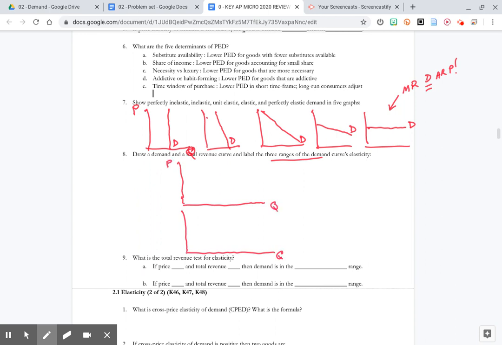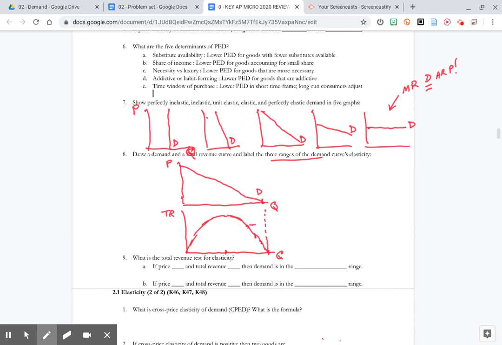And up here, we're going to do price, and then down here, we're going to do total revenue. And we're going to say downward sloping demand curve. And at that quantity right there, okay, so this is our demand curve. And then we're going to have about halfway a nice little curved total revenue line.